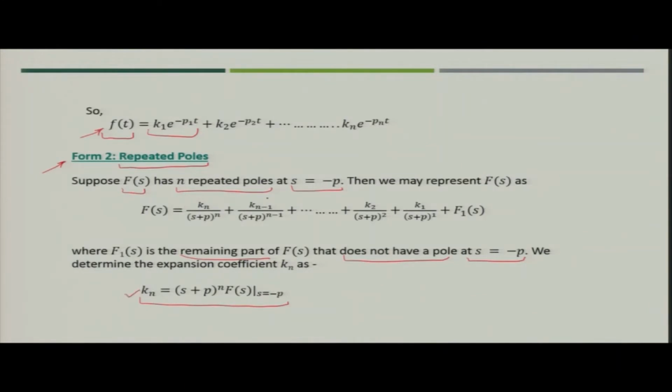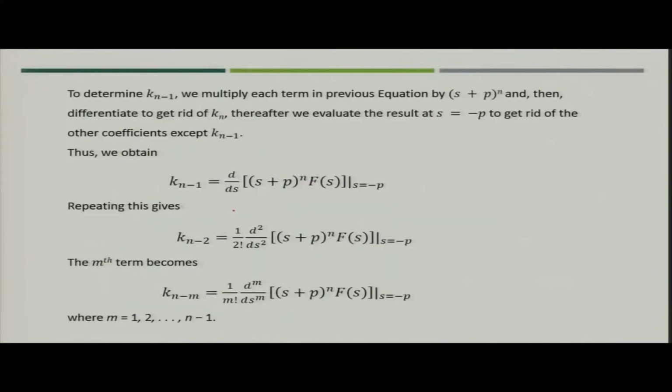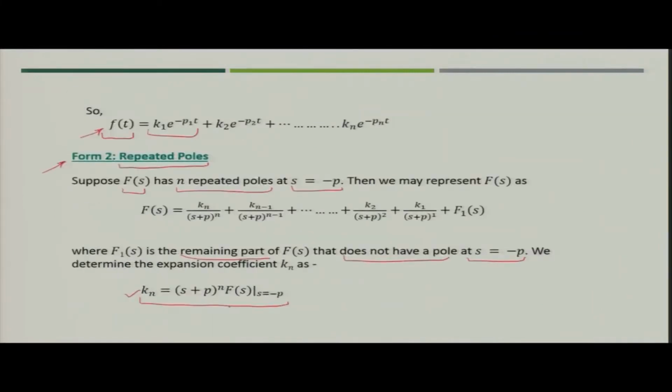Now, how to find the value of K_(n minus 1)? For that, we have to multiply each term by (s plus p) to the power n, as we did in this case.